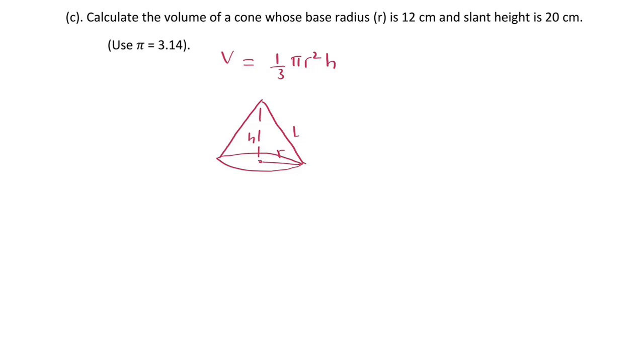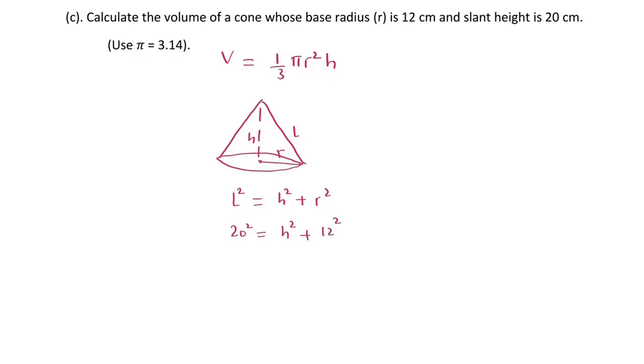Then to find the value for h, we are going to use the Pythagoras theorem, which for this case is going to be l squared equals h squared plus r squared. So now let us substitute the values which we have. We are going to have 20 squared equals h squared plus 12 squared.